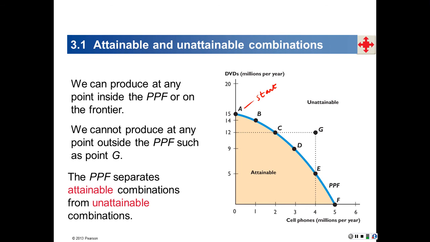Now, in order to produce the first million cell phones, some DVDs have to be given up. Is that correct? Right? What quantity of DVDs would need to be given up in order to produce the first million cell phones, according to this graph? 1 million, is that right? So this is how you would put it.